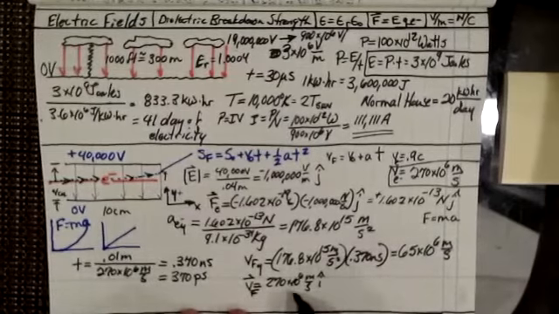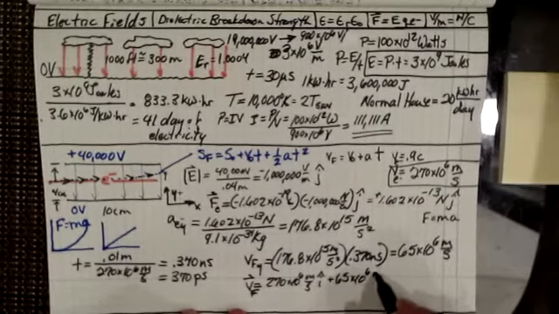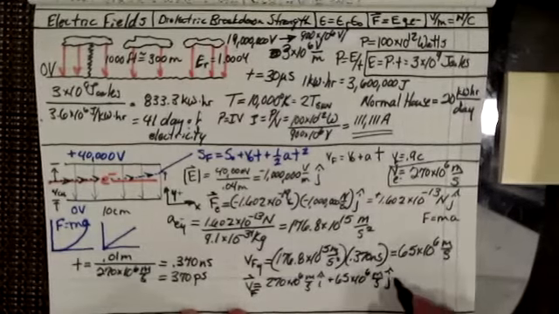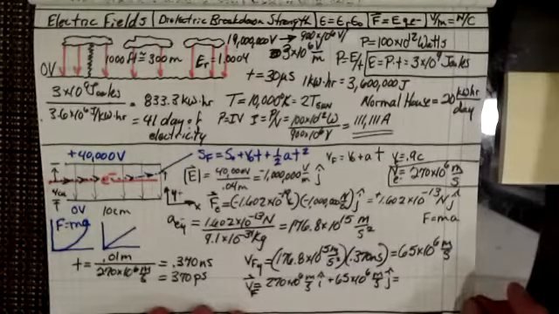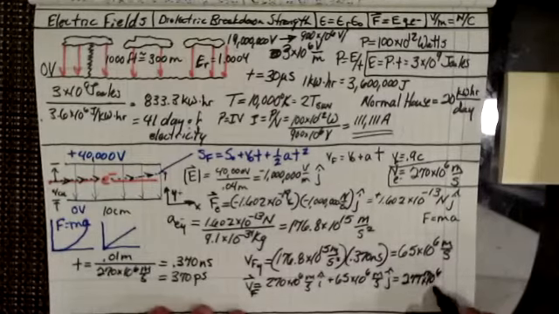The final one is 270 i hat plus 65 times 10 to the 6 meters per second j hat. And if I wanted to write that as a magnitude and an angle instead, I could say that was 277 times 10 to the 6 meters per second.